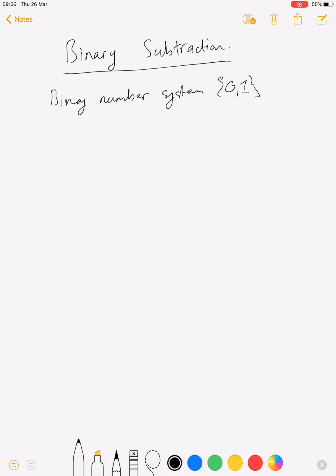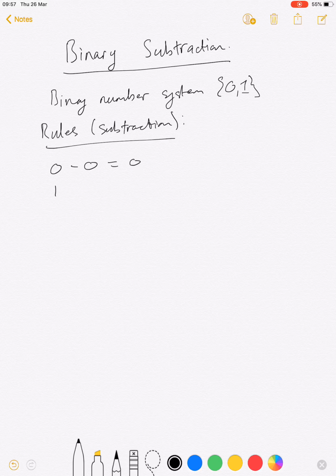First of all, let's look at the rules for subtraction, and the rules are quite simple. 0 minus 0 is equal to 0, 1 minus 0 is equal to 1, 1 minus 1 is equal to 0, and 0 minus 1 is equal to 1 only if we can borrow.